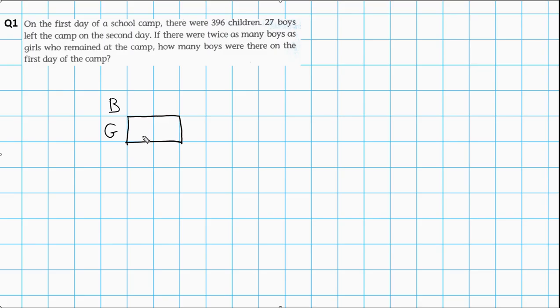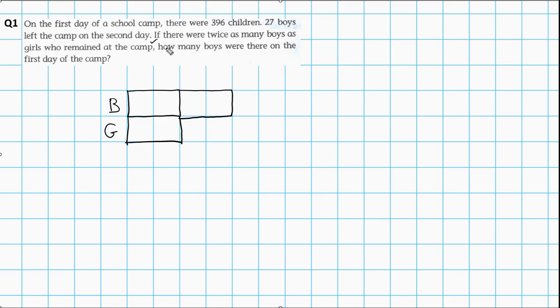If there were this many girls on the second day, then we know that there were twice as many boys. So that's 1 and 2. I have now drawn a model of this bit here: if there were twice as many boys as girls who remained at camp. Right, I've got a picture of that part.